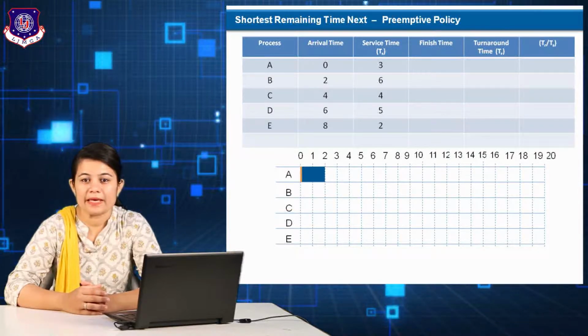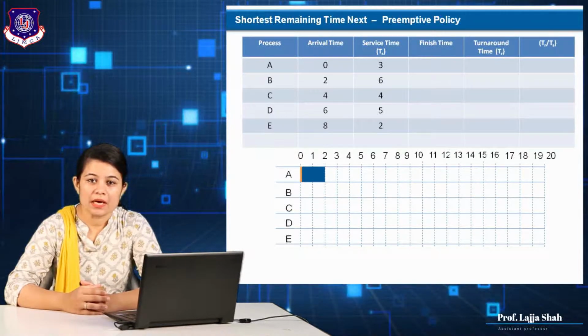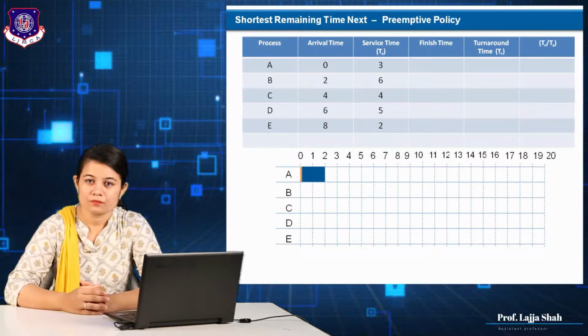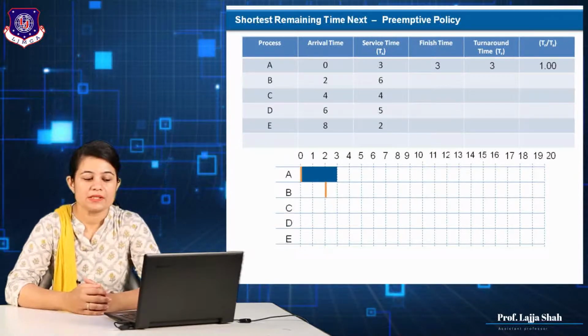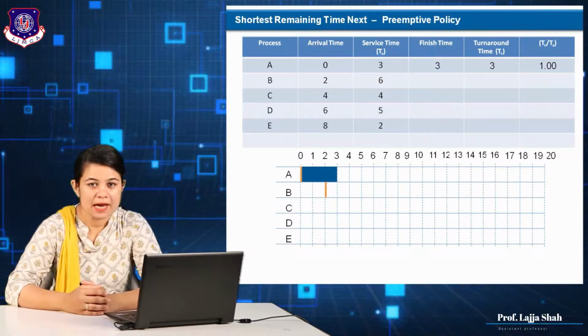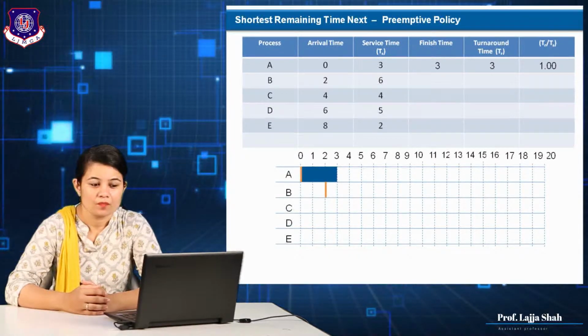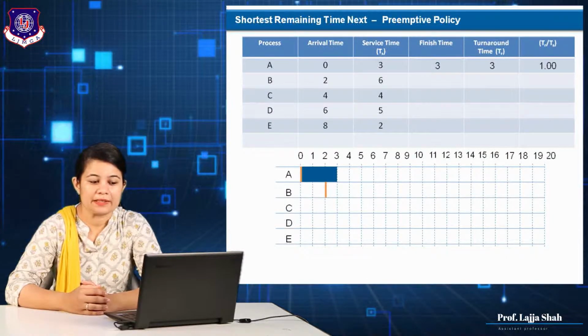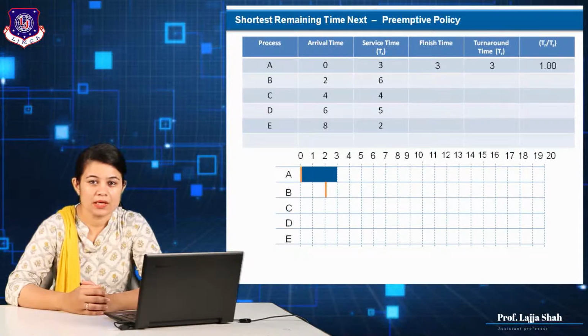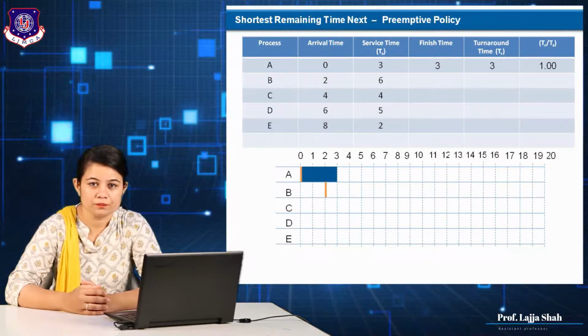So among A and B, A will continue its execution and B will wait. Process A will be completed at 3 seconds and its values are recorded in the table, that is finish time, turnaround time and throughput.